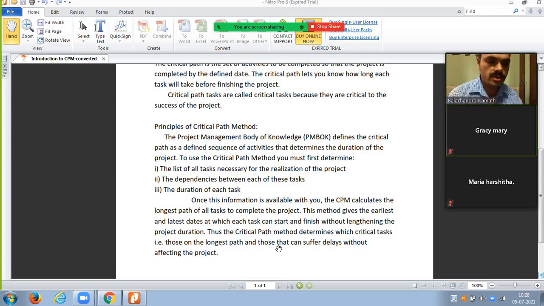So there are some tasks which can suffer little delays. Instead of some work getting completed on 31st July 2021, it can get completed on 31st August 2021, but at the end of the day it should not affect the whole metro construction project. That is what we learn under the critical path method.